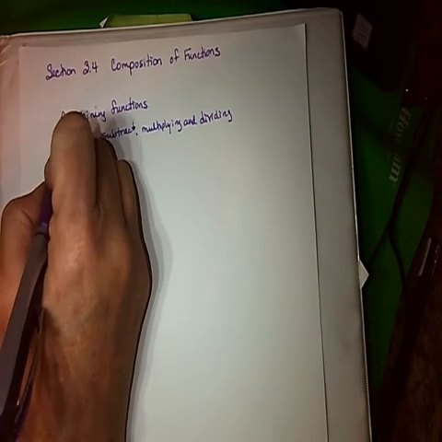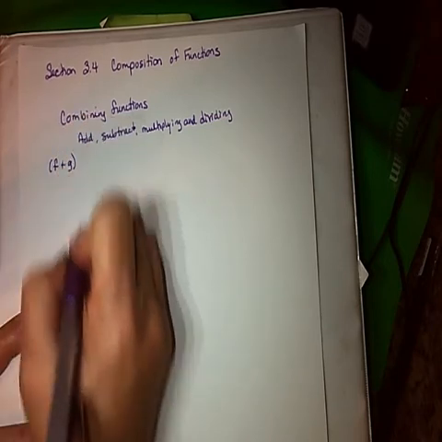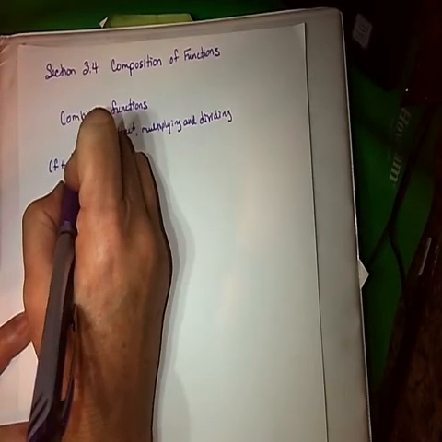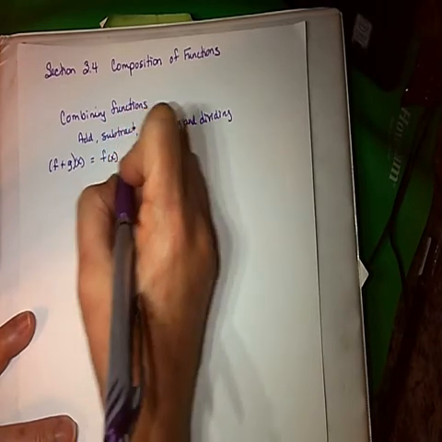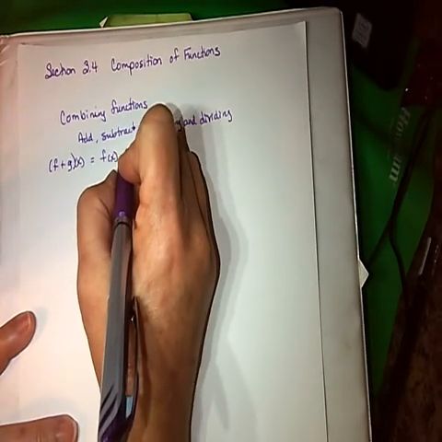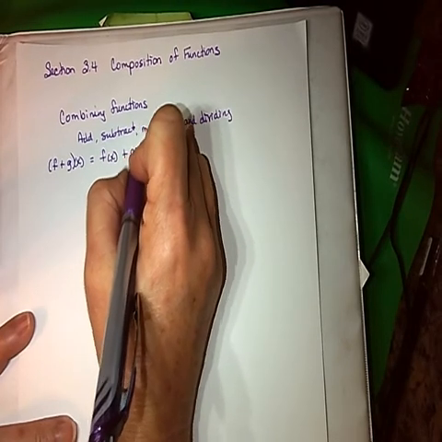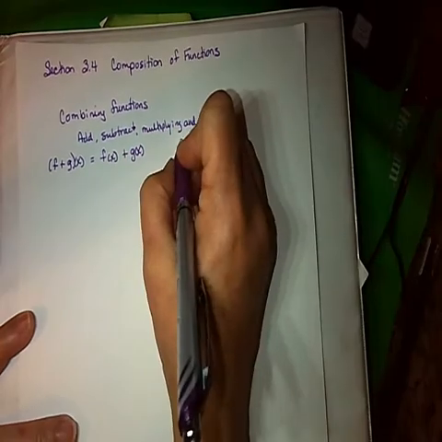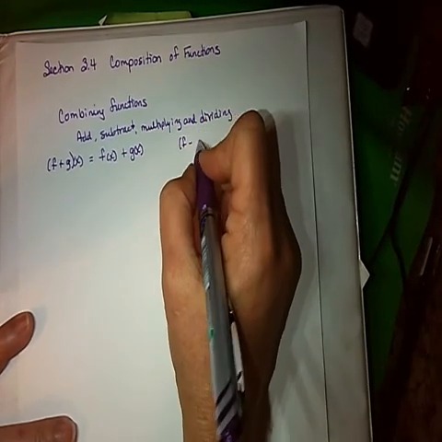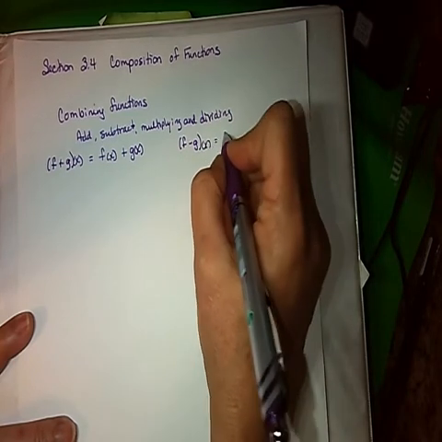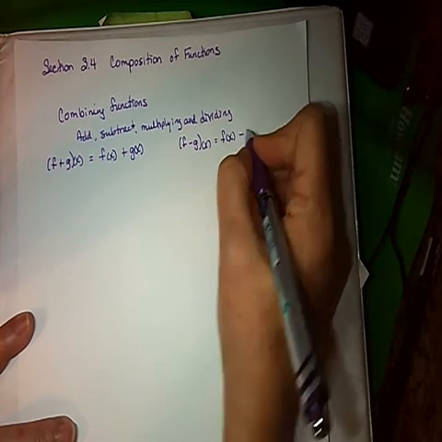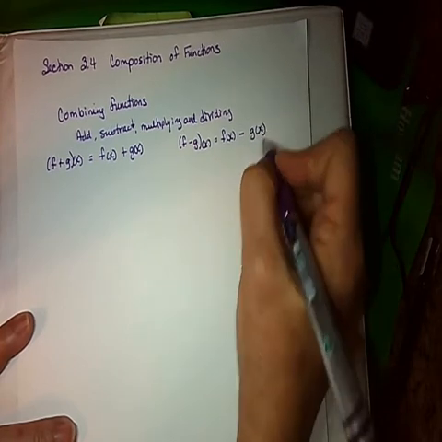So if I'm adding two functions, say function f and function g, both in variable x, then I'm taking my function f of x and adding it to my g function. It works the same way when I'm subtracting. I'm going to take my f function and subtract my g function.